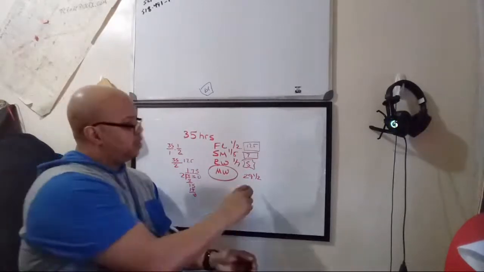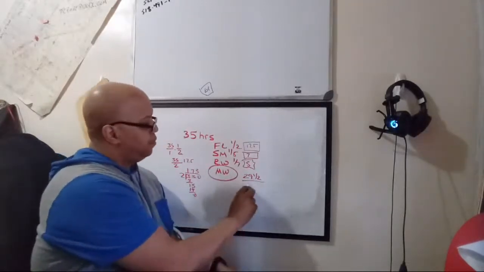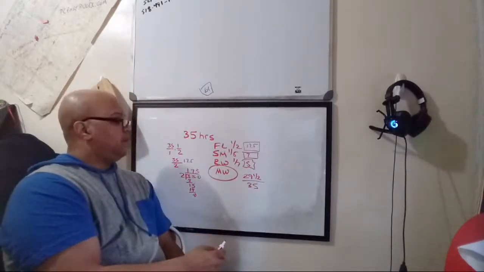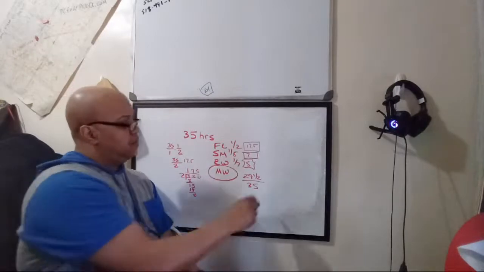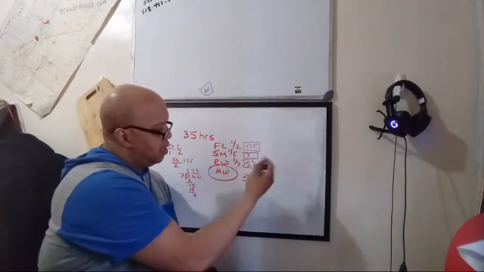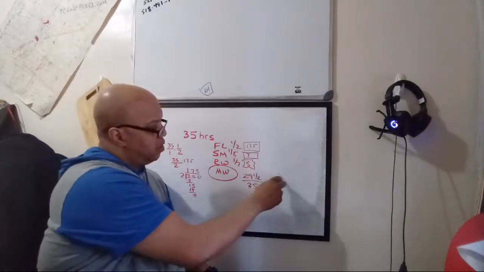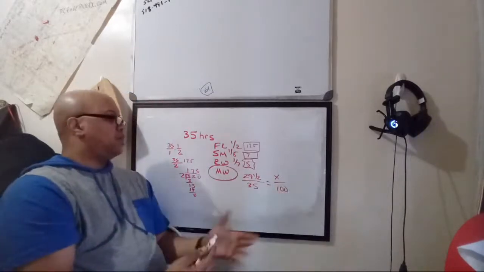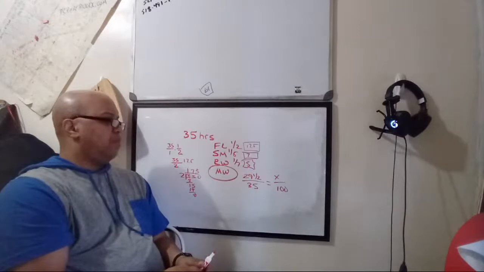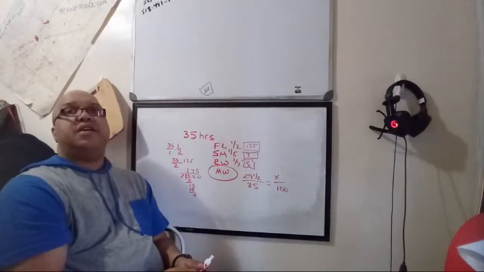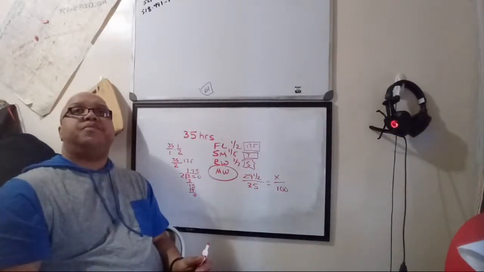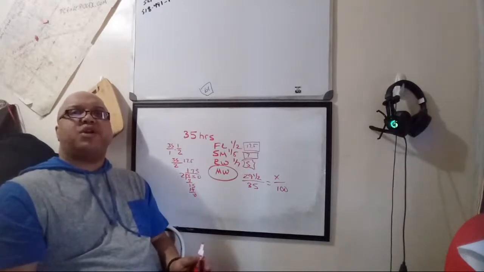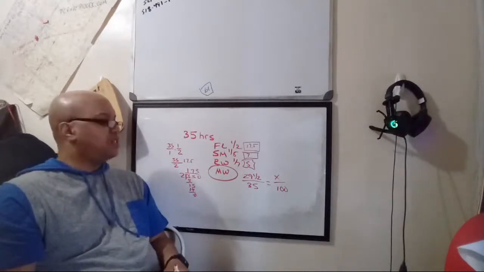So there's 29 over 35. Now, we have a little proportion going on. I would just say X over 100. That would give you the percent that is used up. Our answers are spaced pretty far apart: 6%, 10%, 14%, 16%.